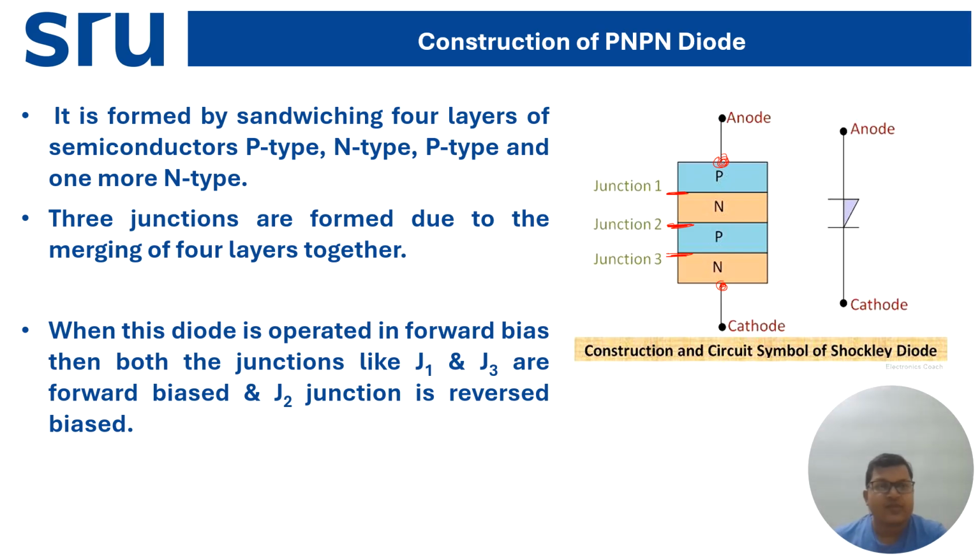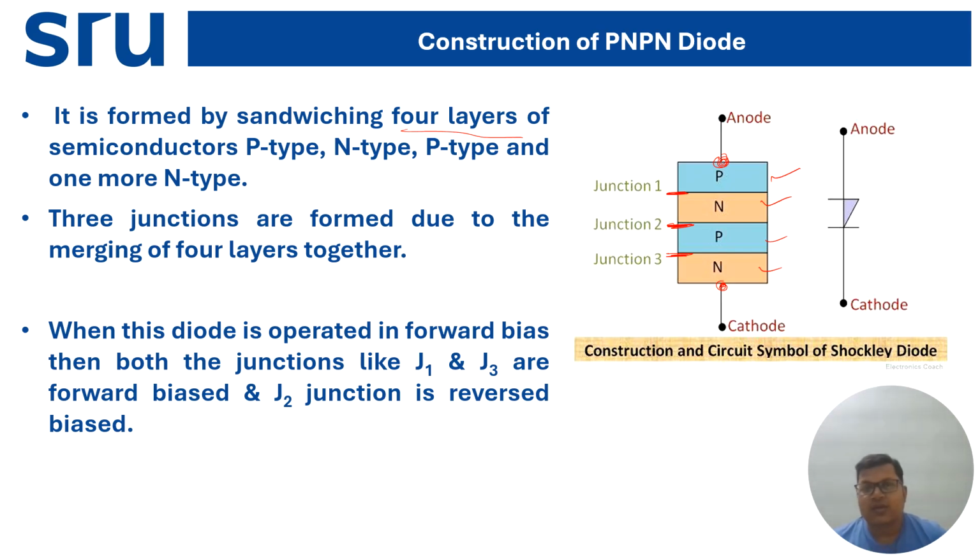So it is formed by sandwiching four layers, 1, 2, 3, 4, namely the p-type, n-type, p-type, n-type, respectively.